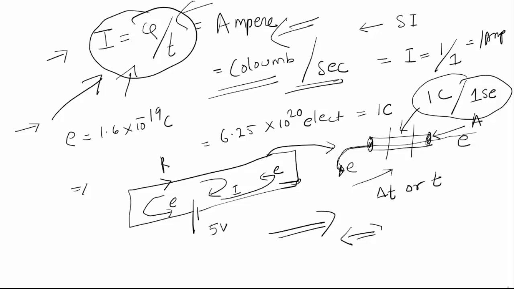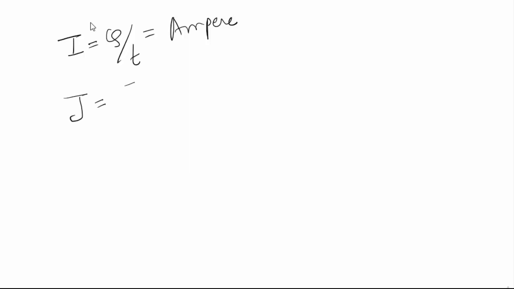And again, we found that current I can be given by Q by T, having the unit of ampere, and there is a current density which is current per unit area, that is ampere per meter square.